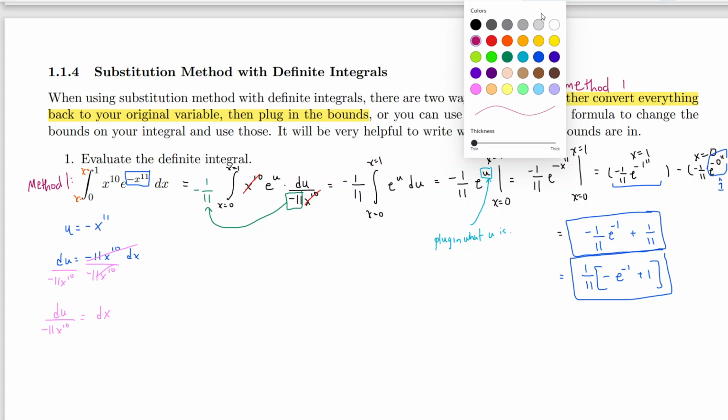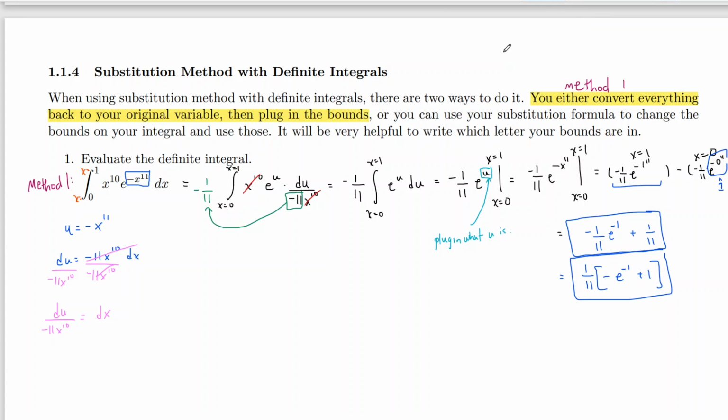I'll use the same color. Method 2 is going to be, you can use your substitution formula to change the bounds on your integral. And then once you change these, so if we plugged in 0 for x and 1 for x and figured out the u values here, we could have just plugged in u values at the end. And this will be method 2.